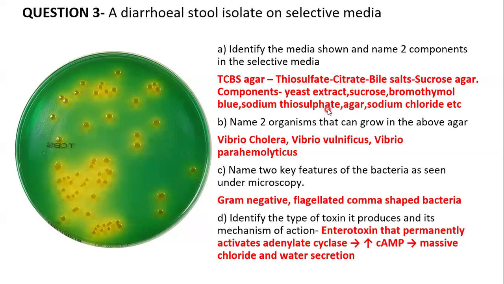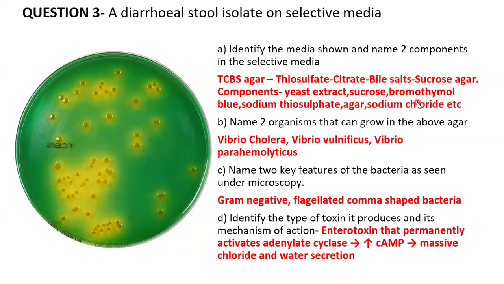So if you see black, we'll know that that is not Vibrio cholerae, because Vibrio cholerae is H2S negative. There is no production of hydrogen sulfide gas. Then for the citrate in TCBS, it's a chelating agent. What that means is it is going to kill other microorganisms apart from Vibrio. So any non-Vibrio species are going to die.